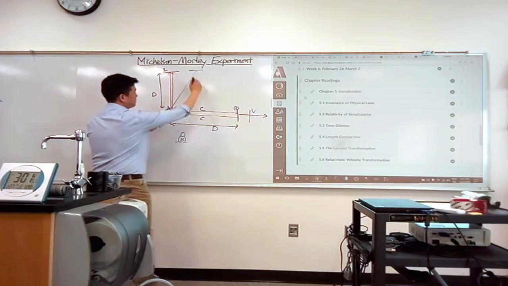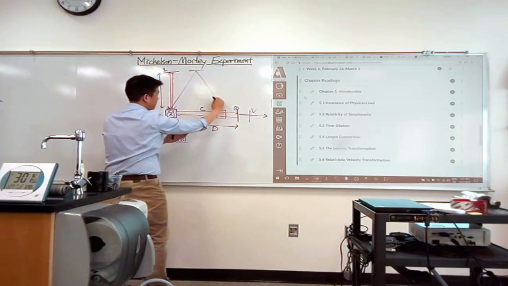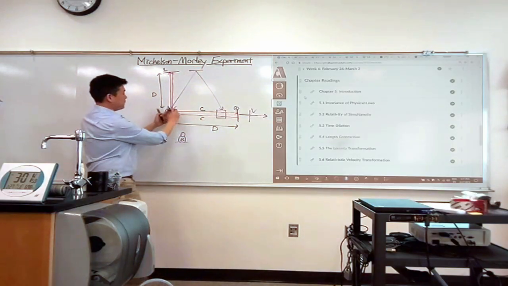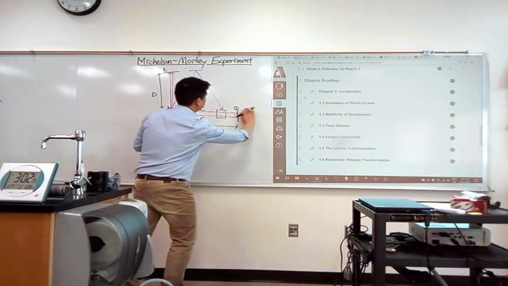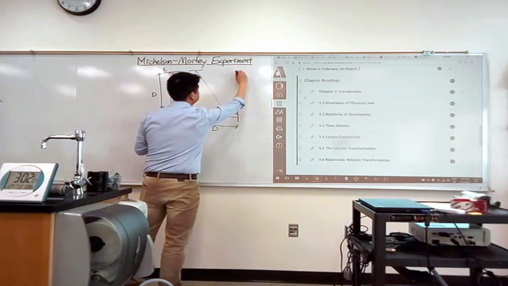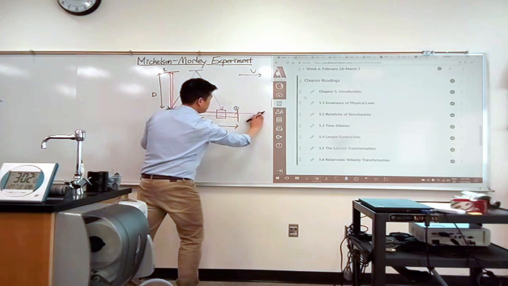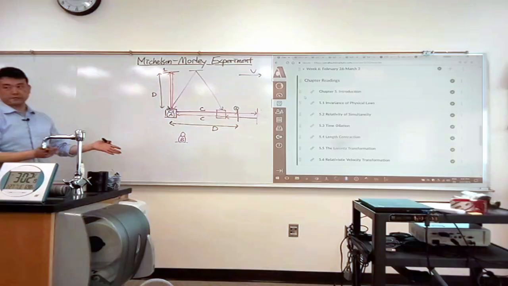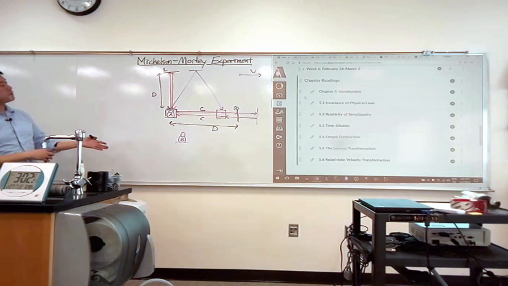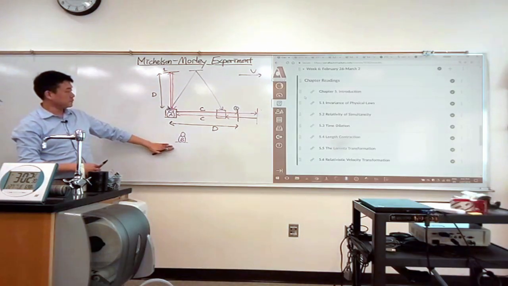Light hits here, and by the time light comes back, this whole thing moves over here and light comes back here. Let me draw this v up here. So by the time light gets to this, it bounces back this way. Good? All right, that seems okay, right? That's what B would see here.